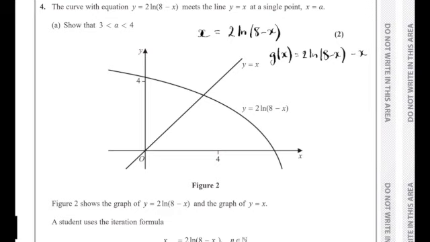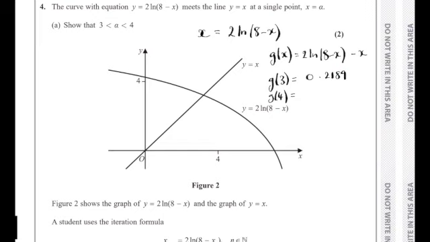So I'm going to evaluate g of 3 and g of 4 on my calculator right now. You should do the same and put down the values. So here we go. 2 ln(8 take away 3) is 5, take away 3, I get a value of positive 0.2189.